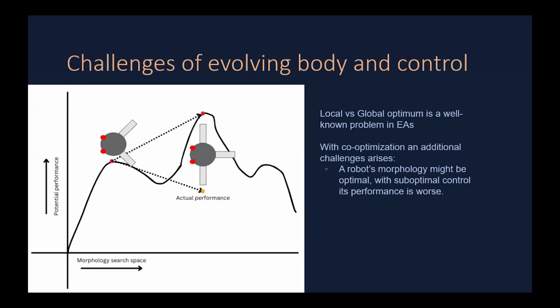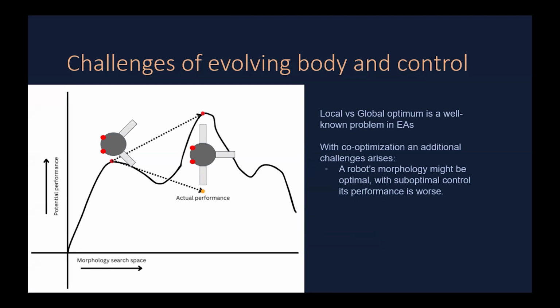Another illustration: see this as a morphology search space where the vertical axis is the potential performance of the morphology. We have optimized control for this robot. This robot has a higher potential. The right robot, I say this, but the people on Zoom don't know where I'm pointing.